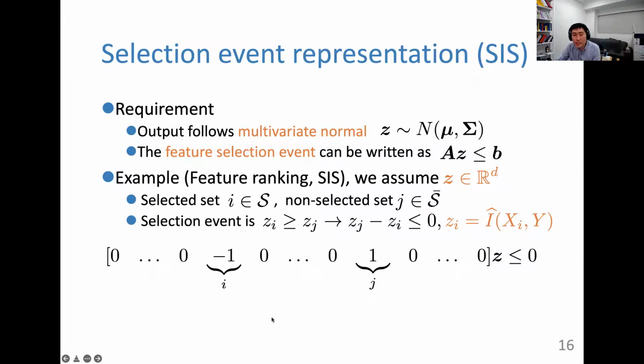These can form A, a set of these vectors, and B is just the zero vector. This is the selection event for feature ranking.